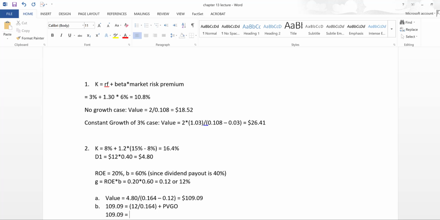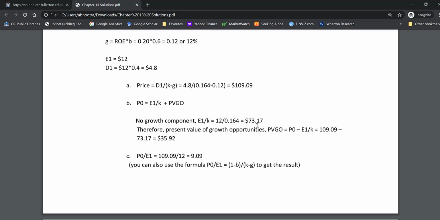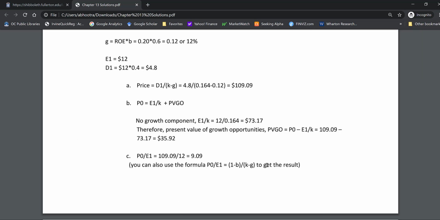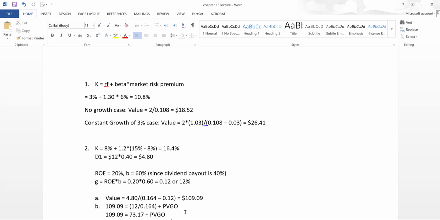So the no growth value here is E1 over K, and that number is 73.17. Okay, 73.17 plus PVGO, and so your PVGO would be 109.09 minus 73.17, and that is the present value of growth opportunities. So 35.92. Okay, 35.92.